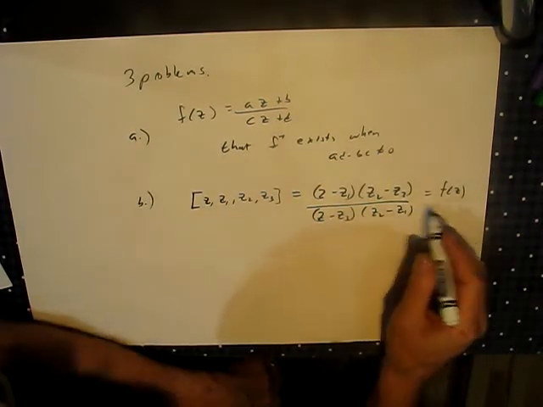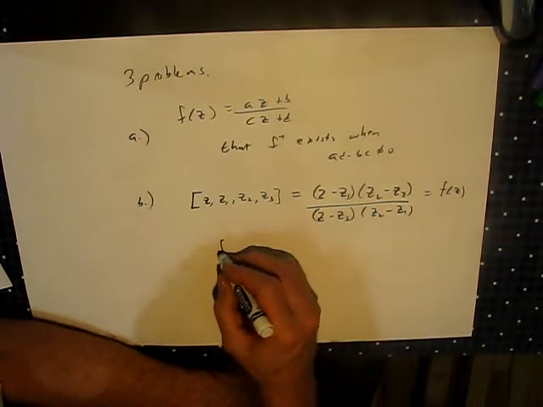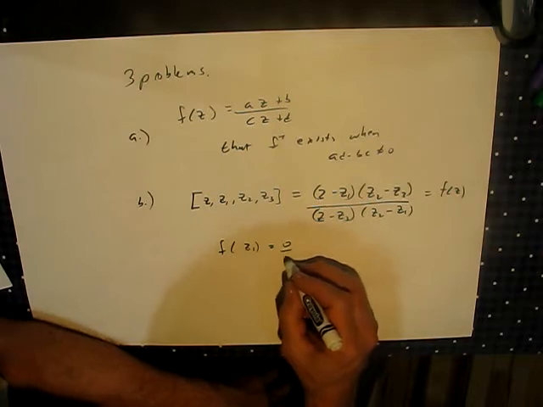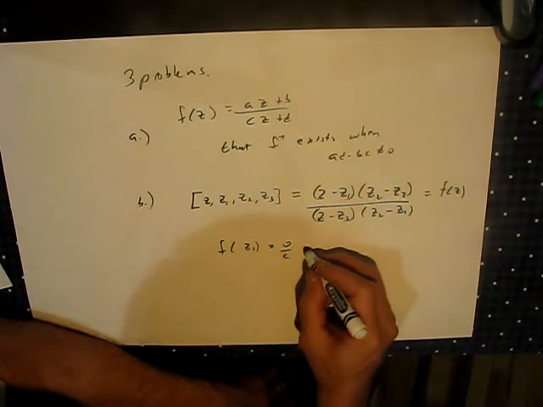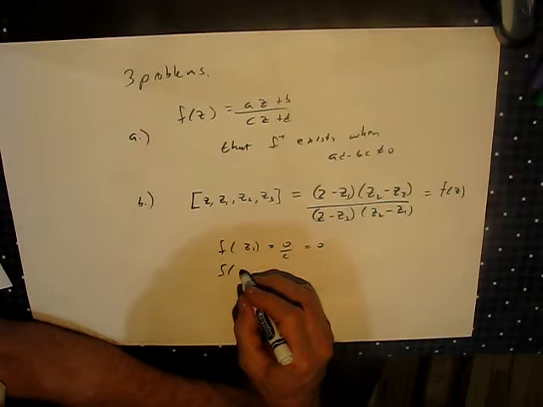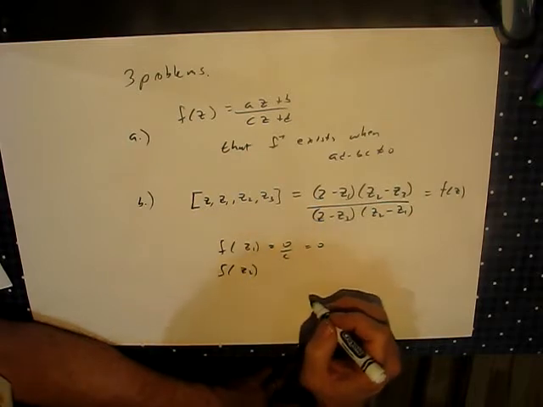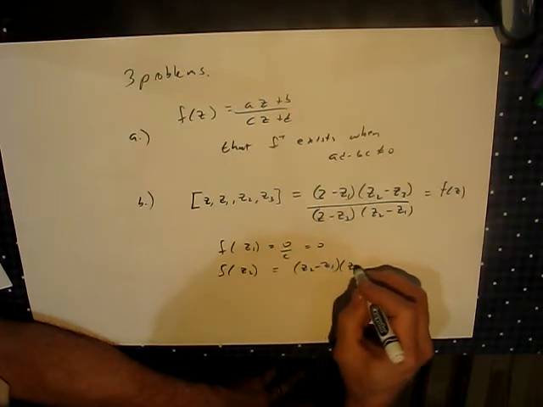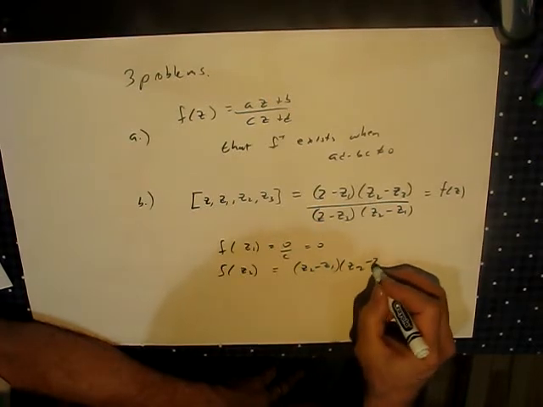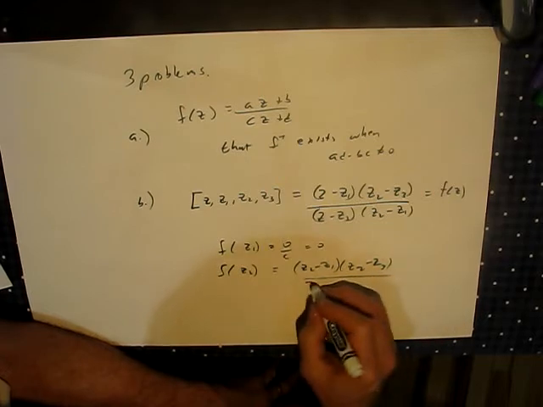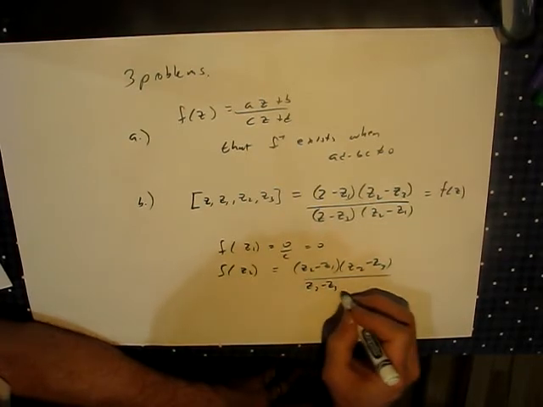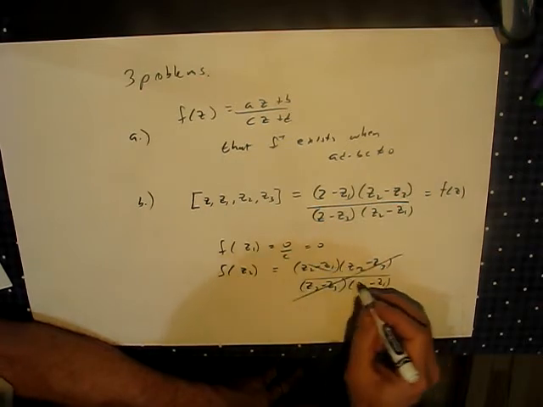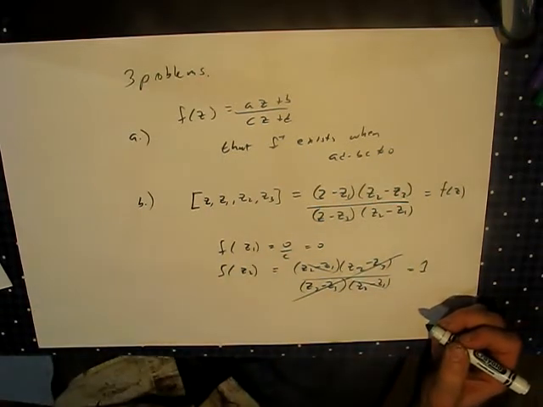Now, the strange thing about this Möbius function is it's very clear that when you put in z1, you're going to get 0 over a value. When you put in z2, you're going to get (z2 minus z1)(z2 minus z3) over (z2 minus z3)(z2 minus z1), so you're going to get 1.